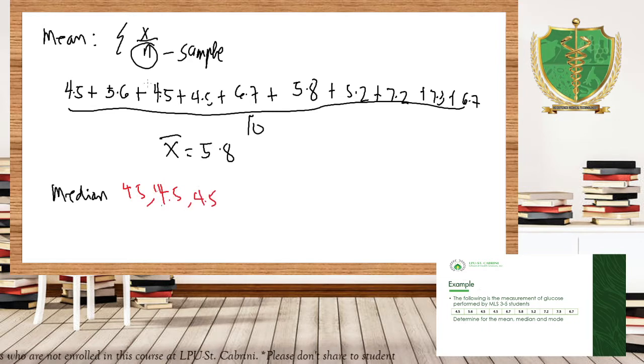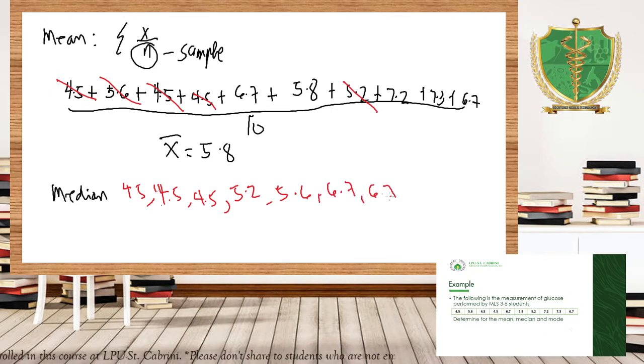Next is 5.2, next is 5.6, then 5.8, then 6.7, 6.7, 7.2, and 7.3.